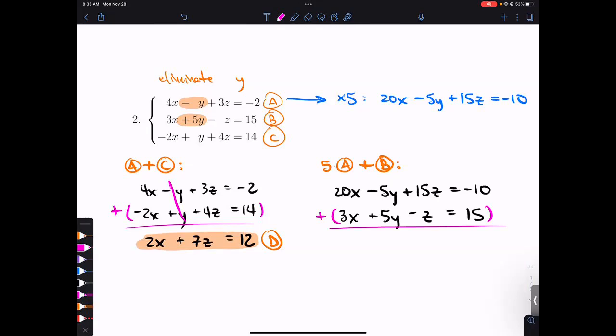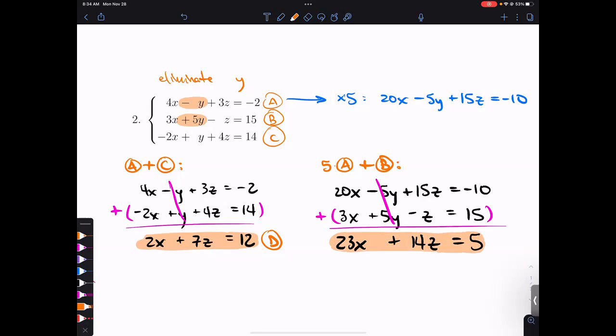Okay, so we're going to add these together all the way across, 20 and 3. The y terms drop out. 15z plus negative, so plus 14z. And 5. That's another equation just in terms of x and z.